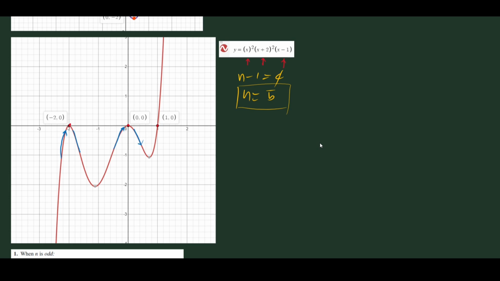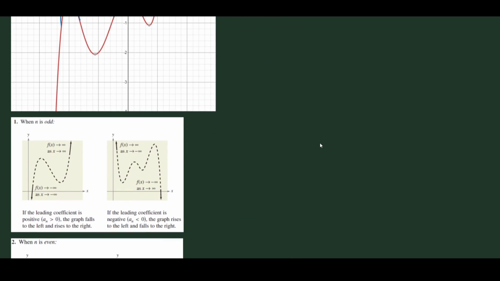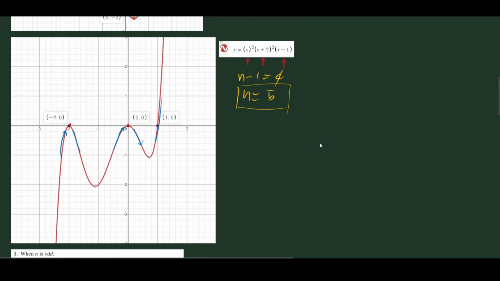So as you can see, x squared here, you have 2 as a multiplicity, and it crosses 1. So the factor x minus 1 here has an odd multiplicity of 1, so that we will have a total degree of 5. Okay, so that's it for those graphs.